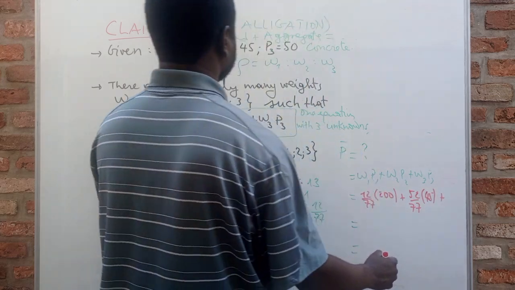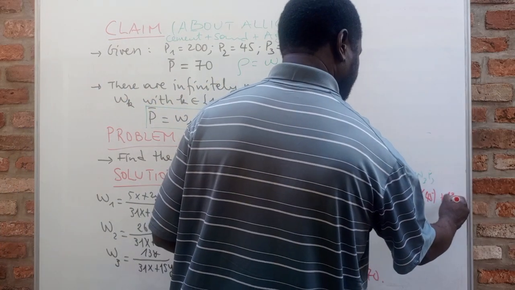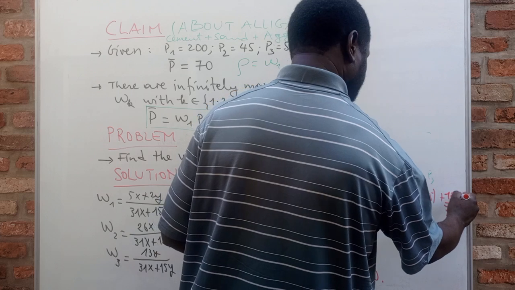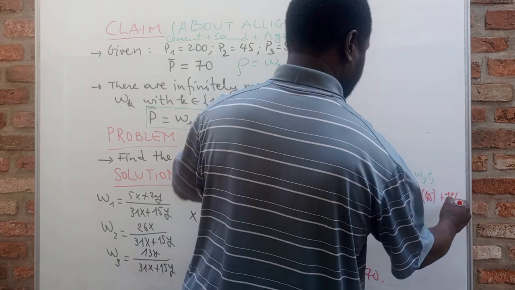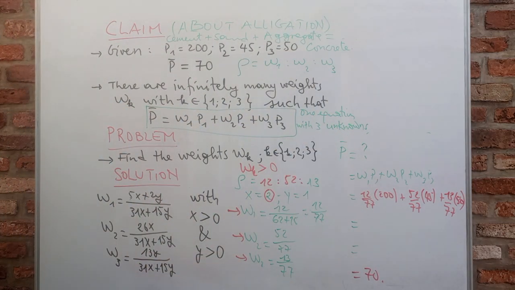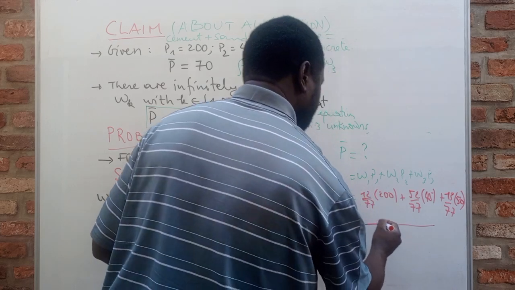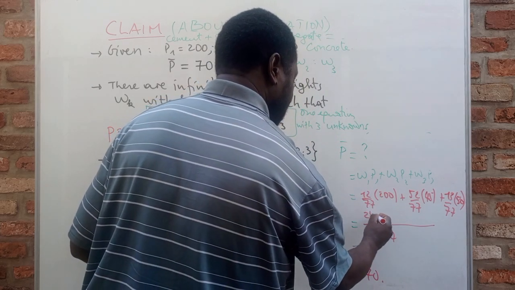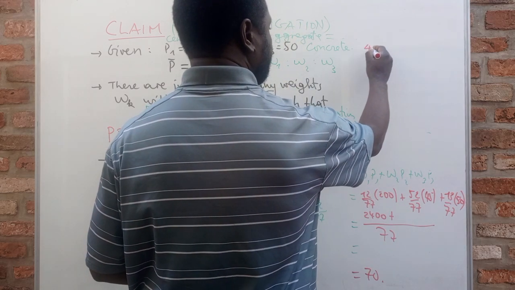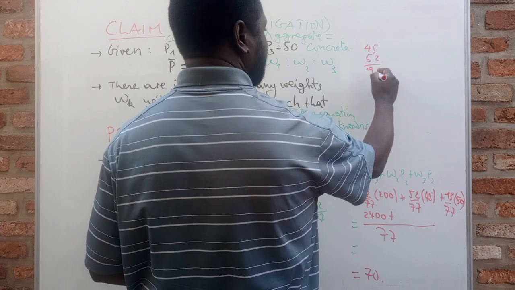So plus now 13 over 77 times the third price, 50. Okay. All right. So now the common denominator, of course, is 77. Now 12 times 200 is 2400, plus again 45 times 52 is going to be 95.